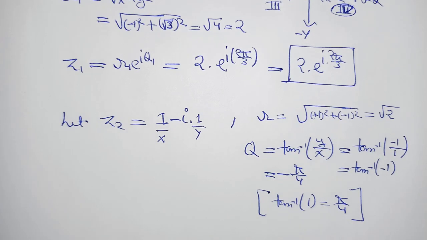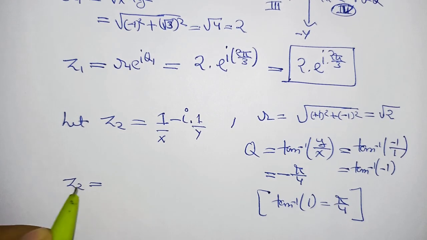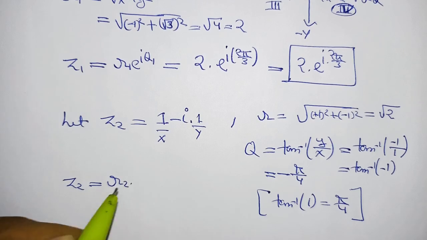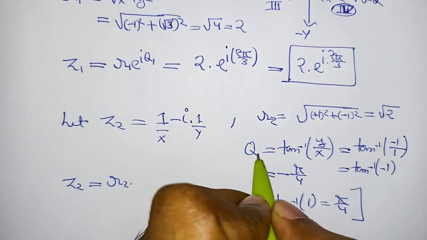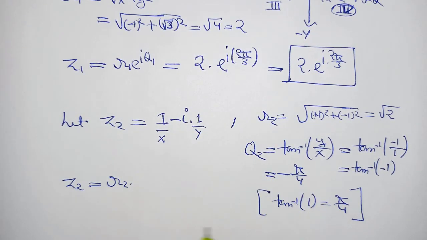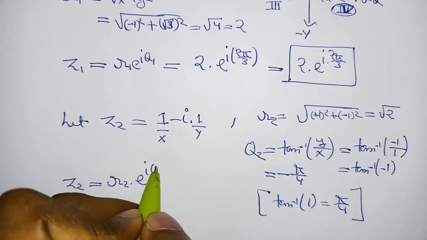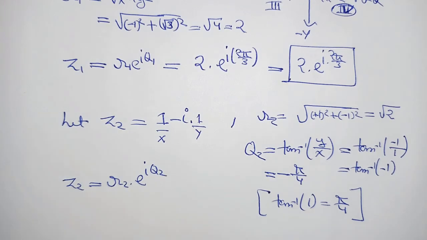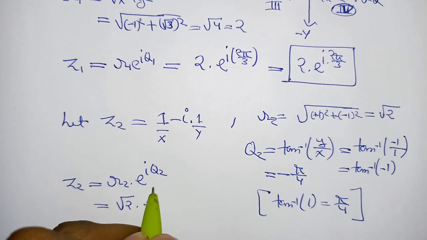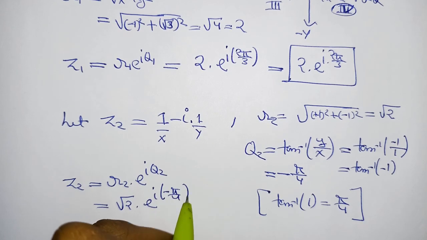That means r is equal to root 2. That means z2 will be equal to r2 into, suppose this is r2 and this is theta 2, e raised to power iota theta 2. So we have square root 2 into e raised to power iota into minus of pi by 4.